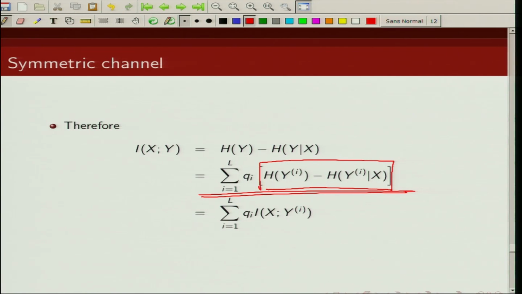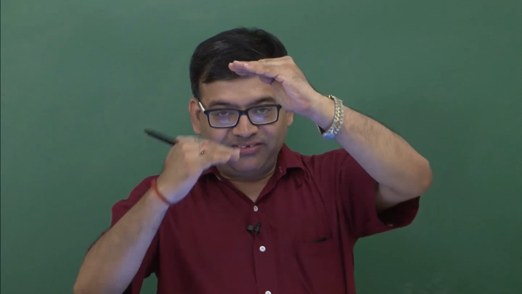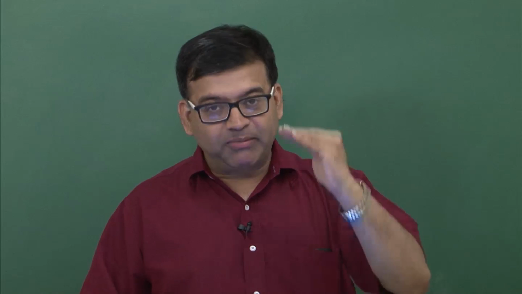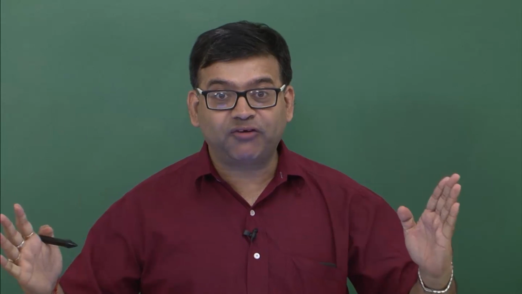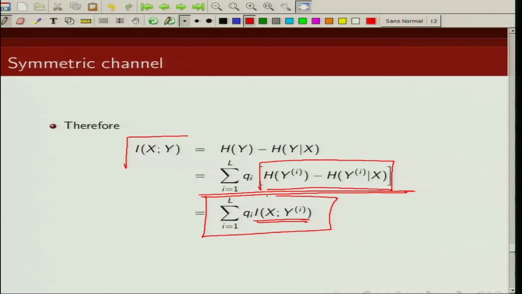This is mutual information between x and yi. So then I have proved that when I decompose my channel into these L discrete memoryless channels, following the assumptions which I made earlier, I can write the mutual information between the input and output in terms of mutual information of the individual discrete memoryless channels.